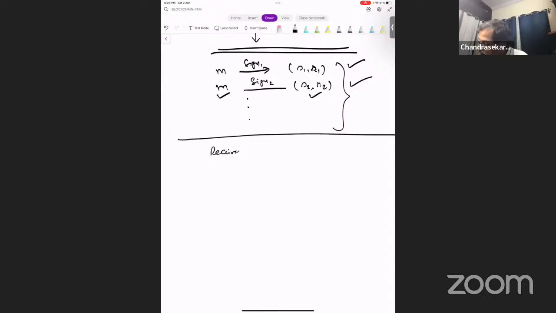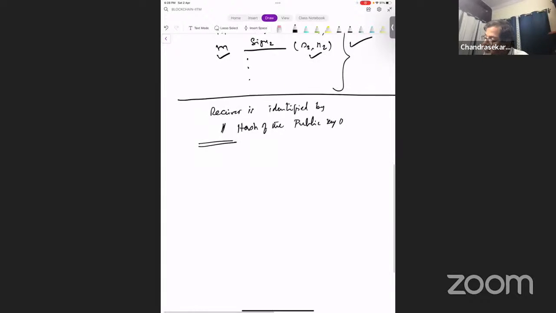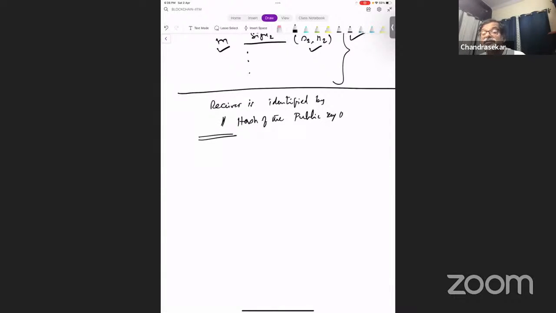Receiver is identified by hash of the public key. There is a procedure. So, the public key of the receiver or the identity of that receiver, you have to either obtain or you can refer in some public place. You have to know that somehow. How that person would have generated?